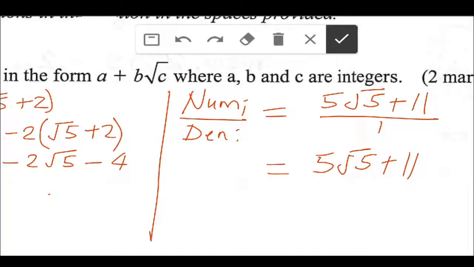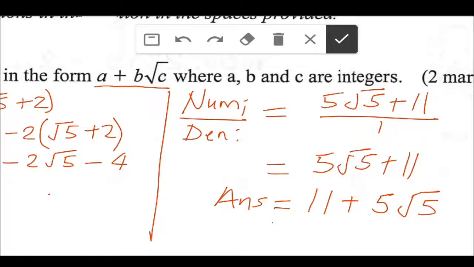It says we give our answer in the form a plus b root c. So the answer therefore will be, we shall start with 11, so 11 plus 5 root 5.